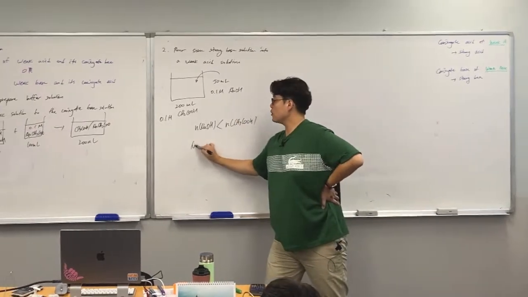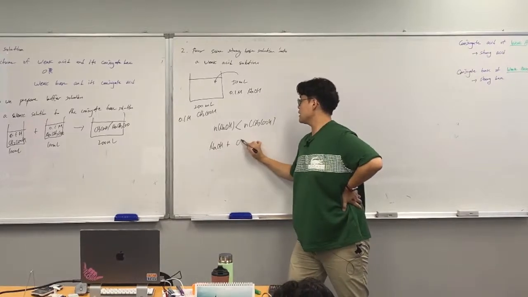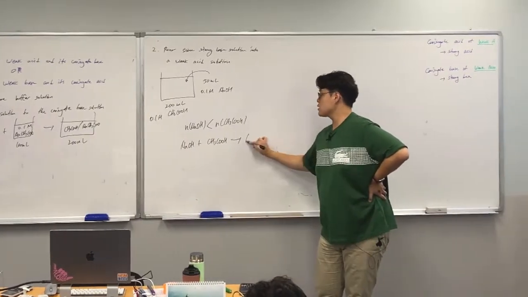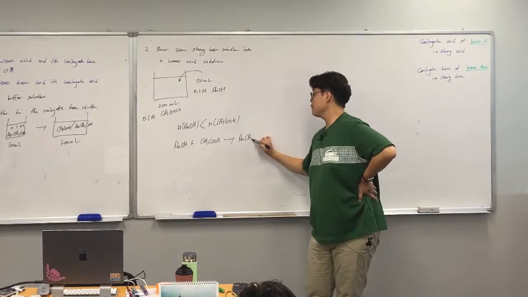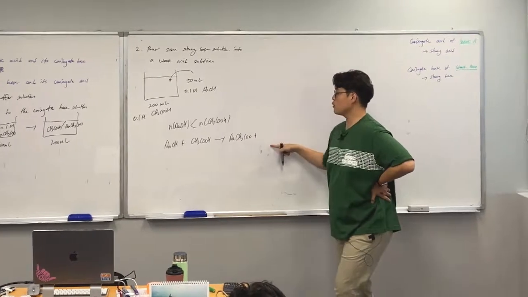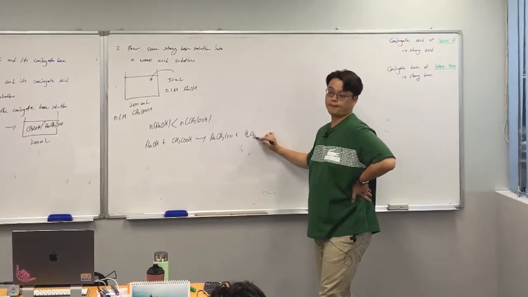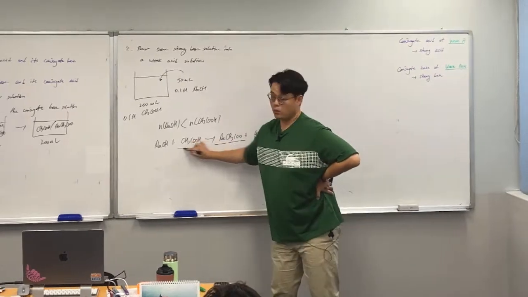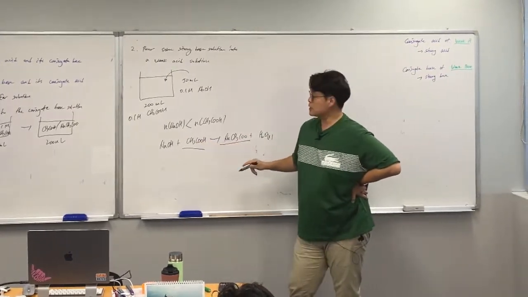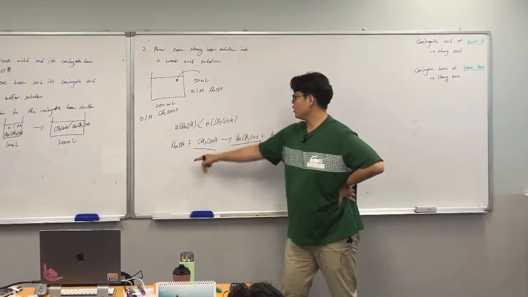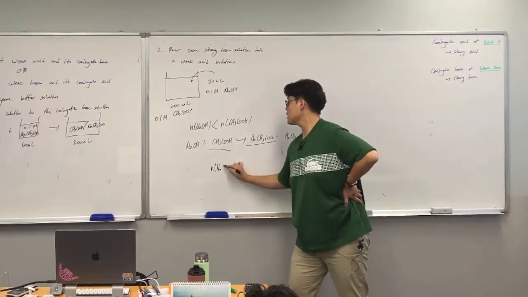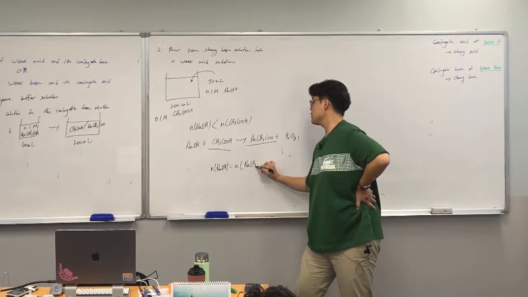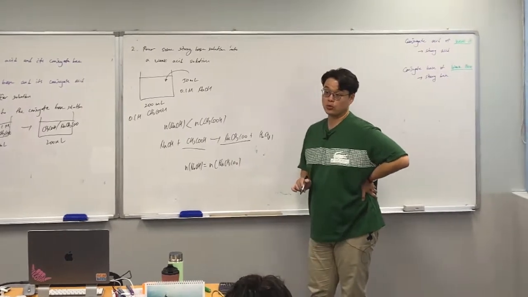Then, as a result of the reaction between sodium hydroxide and acetic acid, they produce some sodium acetate, and the remainder would be water. What is this? The conjugate base of this weak acid. It means that n of the sodium hydroxide in this case will be the same as n of the sodium acetate produced.